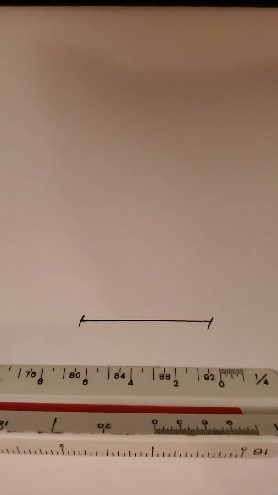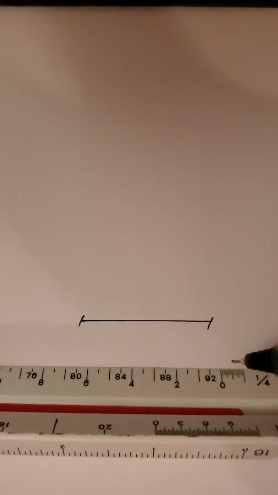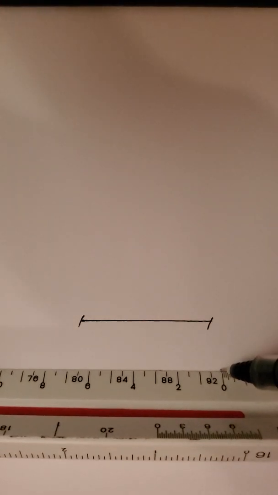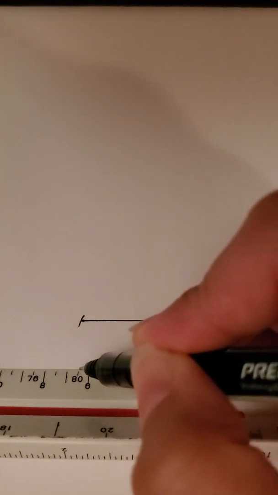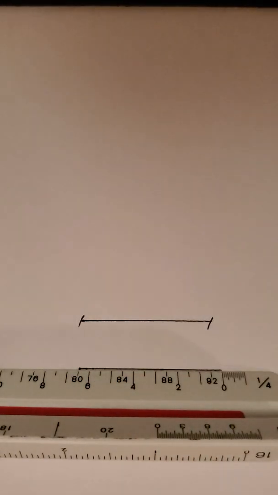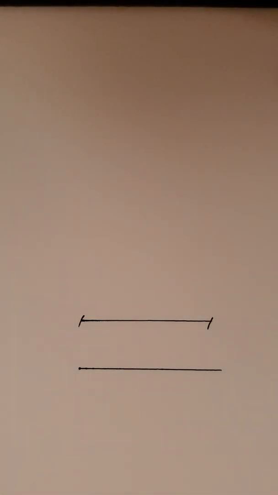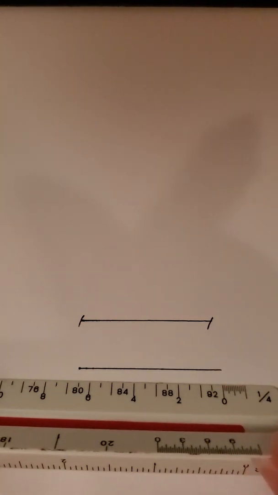So if you have a line, let's just draw a line right here. We're going to try to read it and see how long it is. If you don't know how long this line is, and we know that it's drawn in quarter inch scale, you're going to choose your quarter inch scale to measure it.